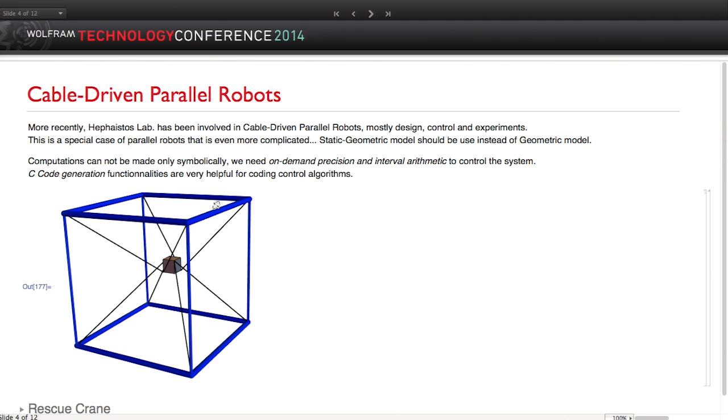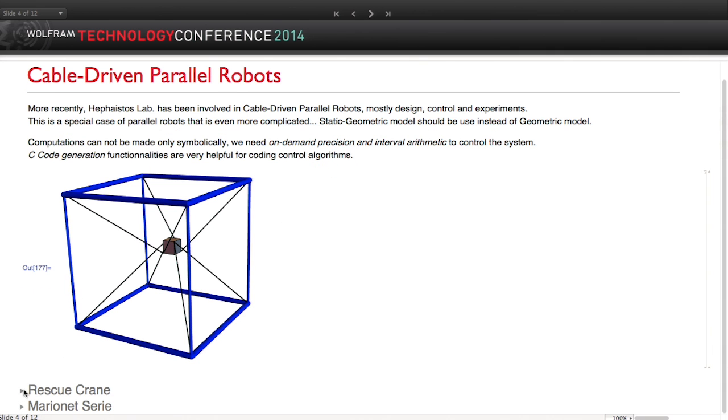And so it's important because at this time some dimension changes and the computation changes. So you need to use a statical dynamical model. So that's why we need a tool which is good not only for symbolic computation but also for numerical computation, because we have no hope today to get a symbolic result with this geometrical and statical model.